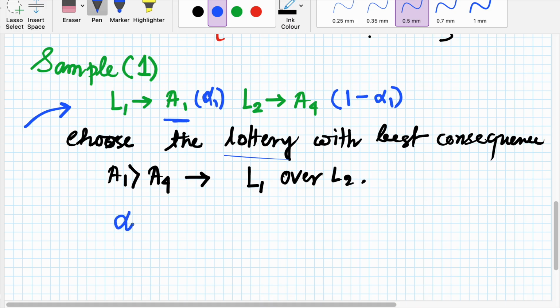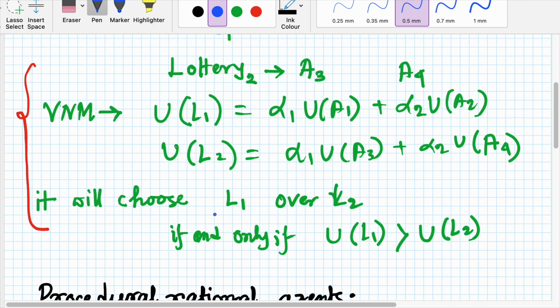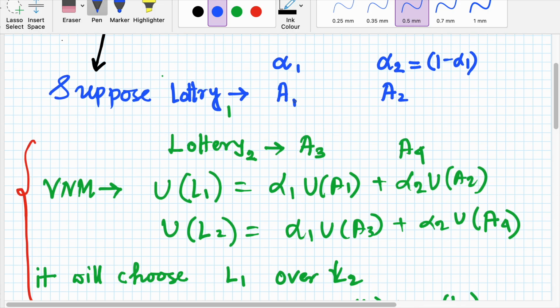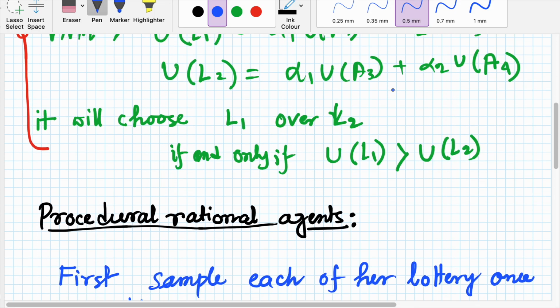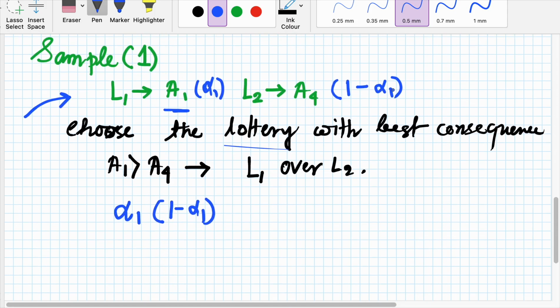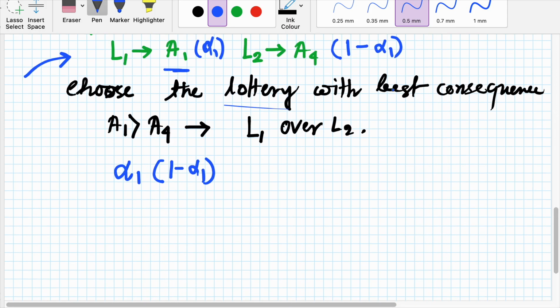That probability will be nothing but alpha 1 into alpha 2, that is 1 minus alpha 1. So this is the lottery. With alpha 1 A1 or alpha 2 A4, it is a stochastic event. So how many realizations could she find in her sample? Only one.